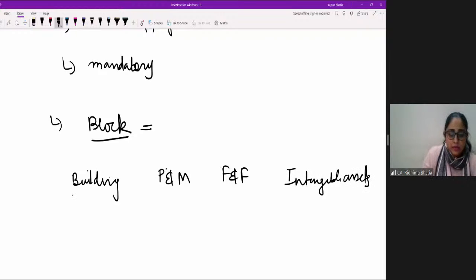And then in building, you have different classes of assets which have different rates. Plant and machinery have different classes. Your furniture and fittings, then your intangible assets.